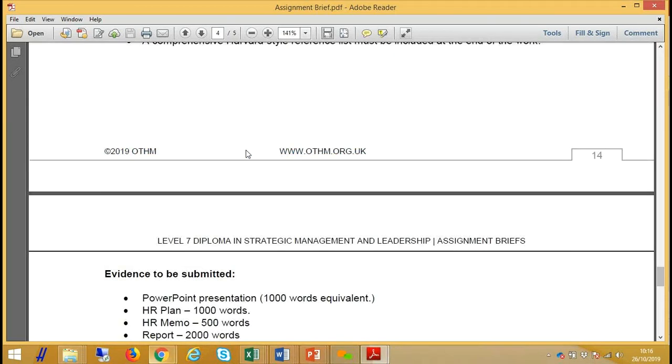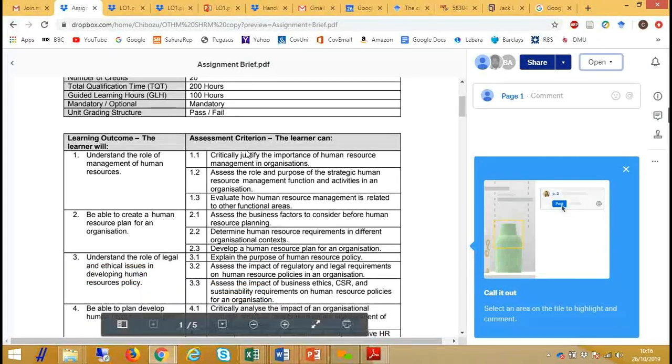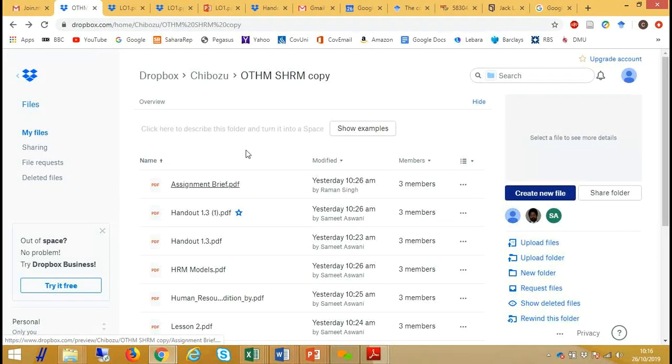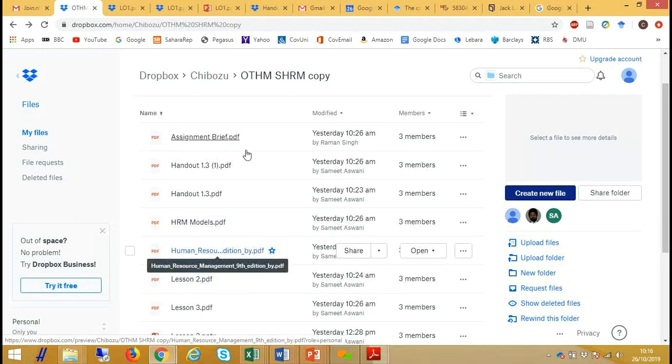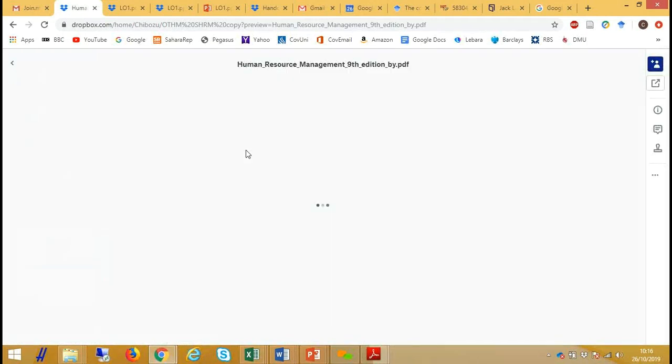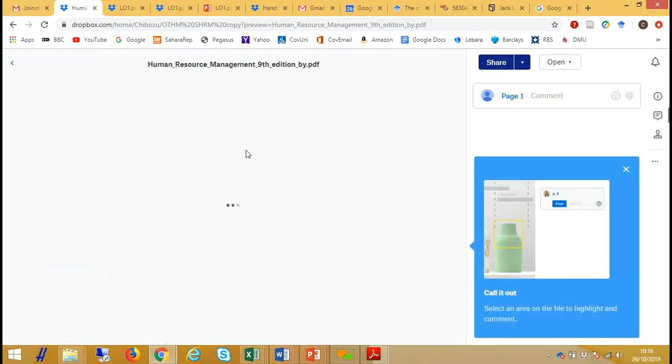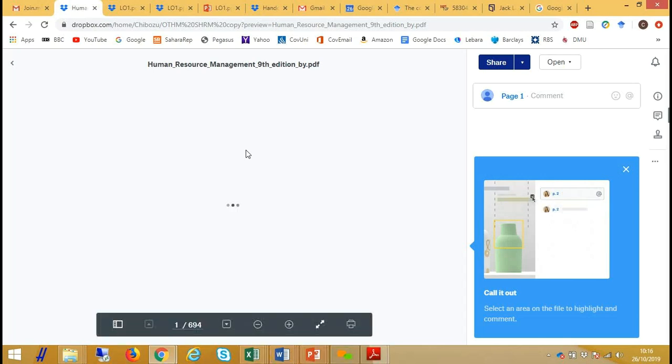Let me see the textbooks that have been uploaded for this module. I believe, let's see, this one is a textbook. I think it's Armstrong's. It's also a very good textbook. So on Moodle, you should be able to see this textbook that's going to open right now.